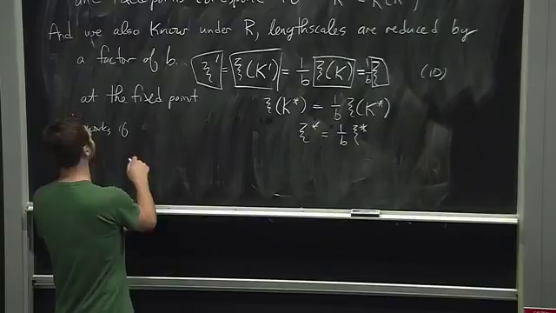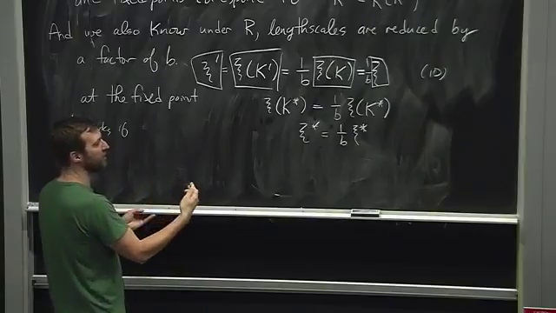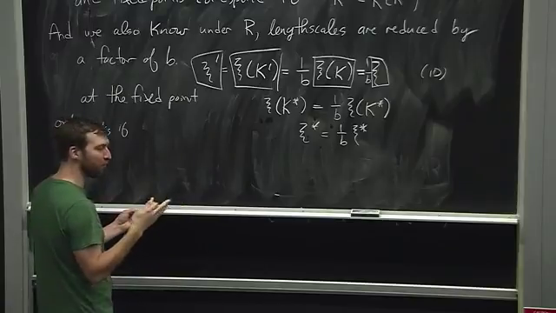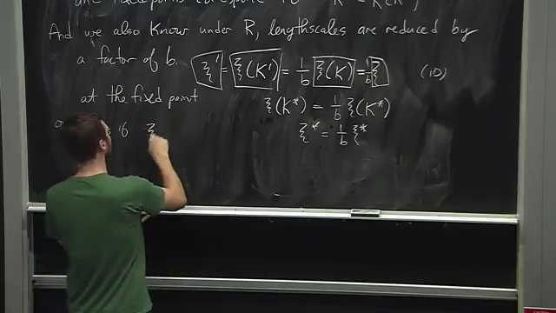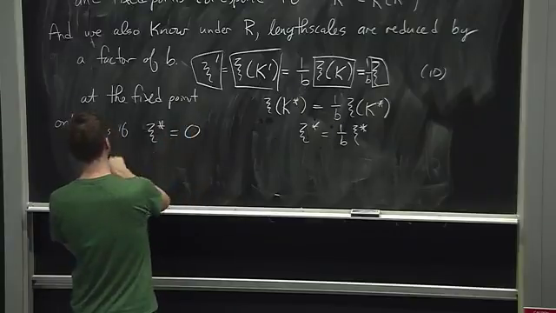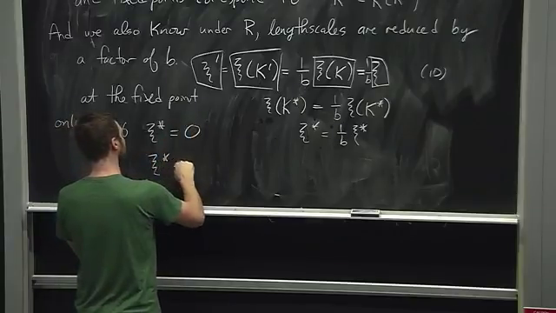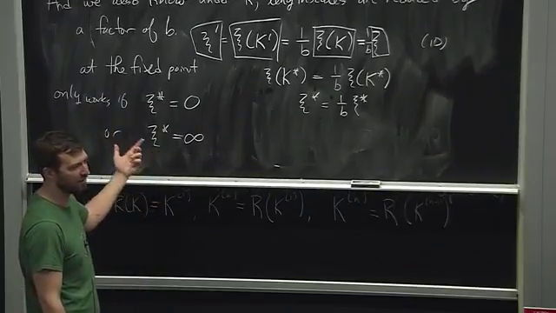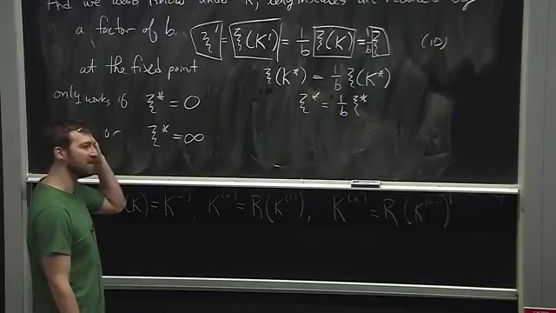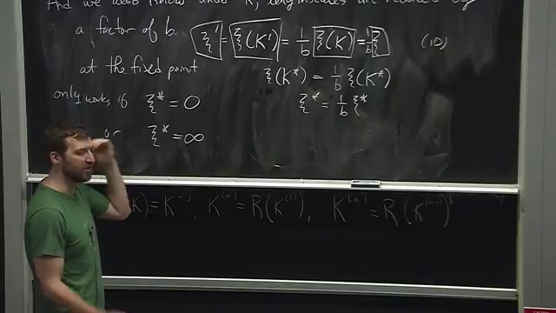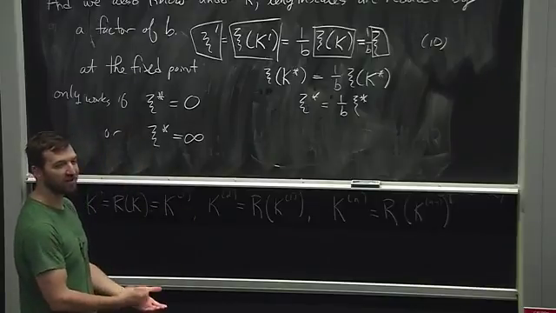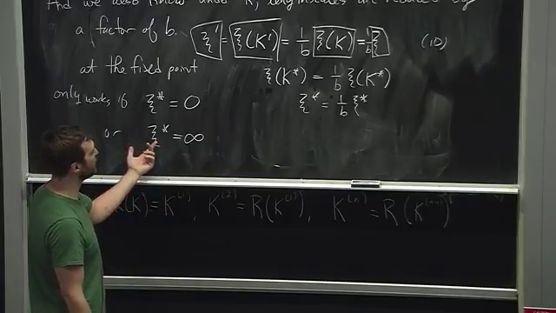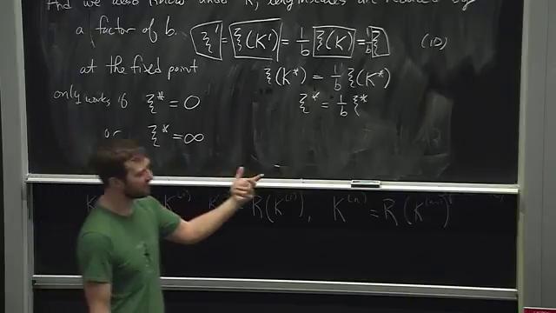All I'm saying is that intuitively, this can only be true if you've flowed to a state where this thing is 0 or this thing is infinity. And we've already been thinking about this case. Somehow the point with the RG is that the only characteristic length scale in this system has diverged, and so there's no longer any length scales.